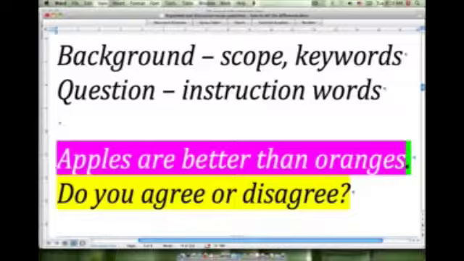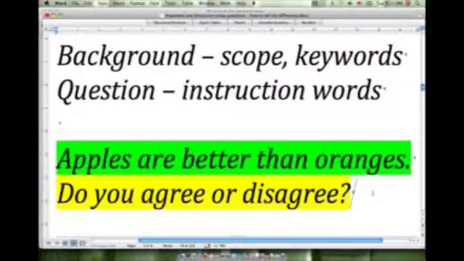It just sort of delivers an argument. And I think a lot of students sometimes get a little bit confused, and they think somehow that this top portion of the task is telling them how to respond, but 9 times out of 10, this is just delivering some kind of argument or some kind of position, and it's the second portion, the question portion, that tells you how to respond.